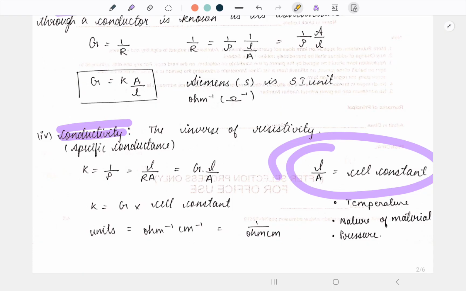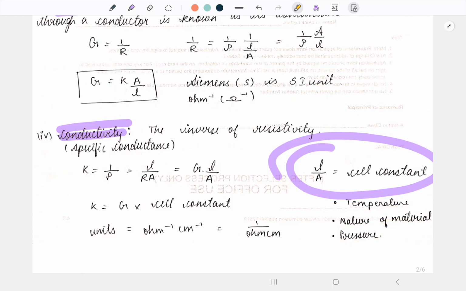So we get the final value of conductivity to be G, that is conductance, into cell constant. The unit will be 1 by ohm centimeter. The factors which affect the conductivity are the temperature, nature of material, and the pressure.